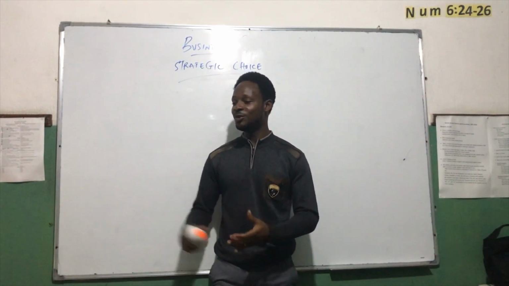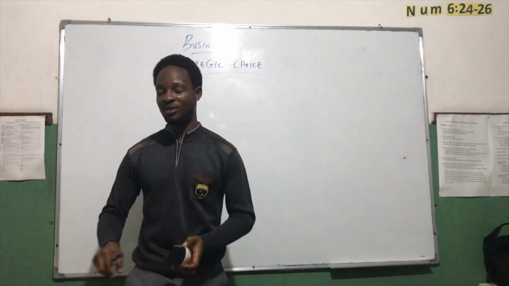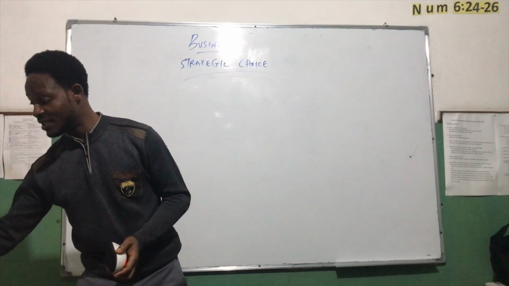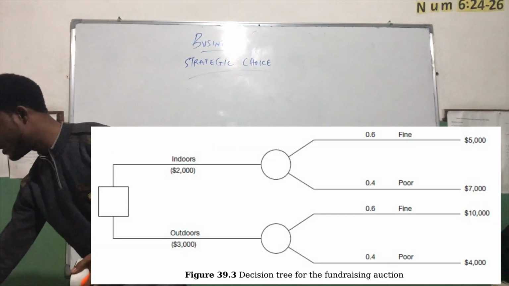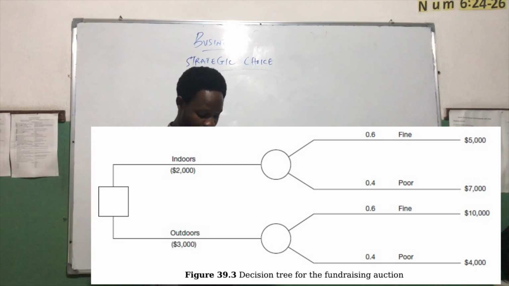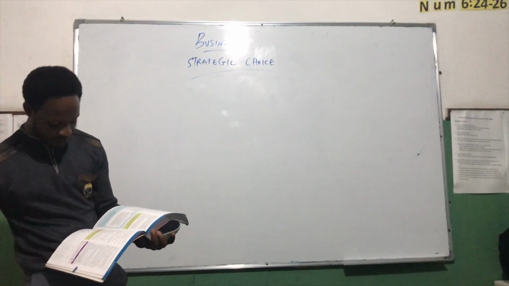So today I will use an example from a business studies textbook written by Alastair Farquharson. It is the Cambridge textbook, page 561. There is an example there that I'll solve now. So we have an audition to plan.